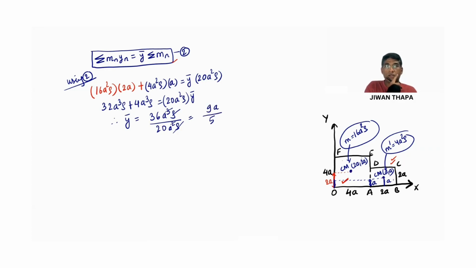So we have this, okay. We are getting this. Therefore, y dash equals 9a by 5.